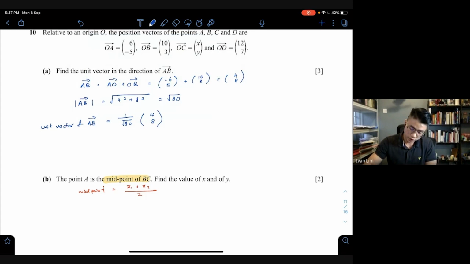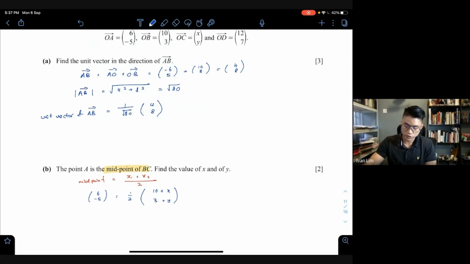Okay, so they say OA is a midpoint. So we write here OA at the left-hand side first equals half of (10 plus x, 3 plus y). It's like your x1 plus x2 over 2, and then y1 plus y2 over 2.